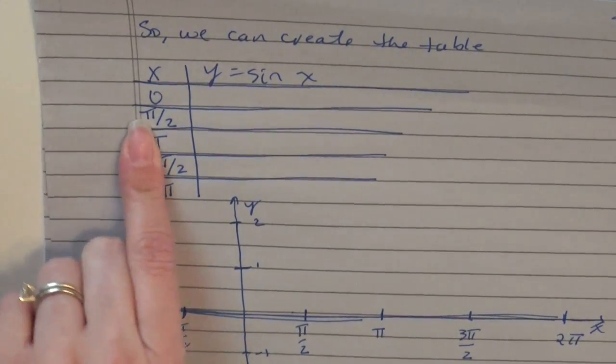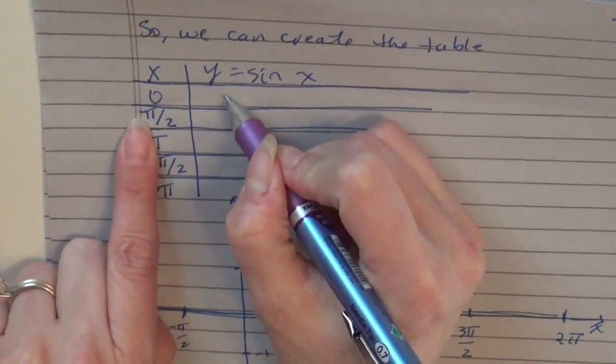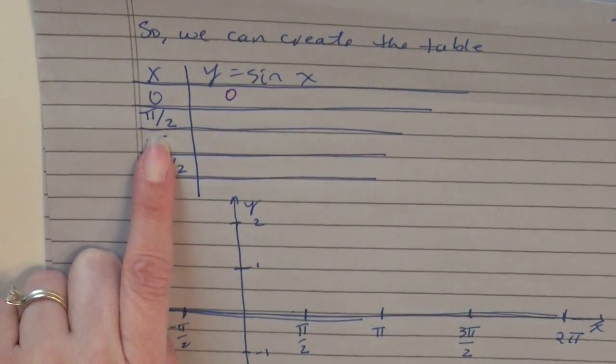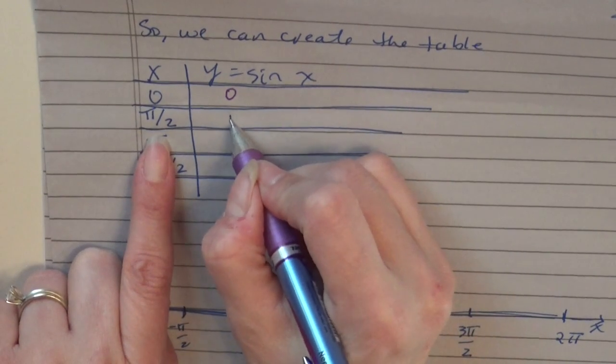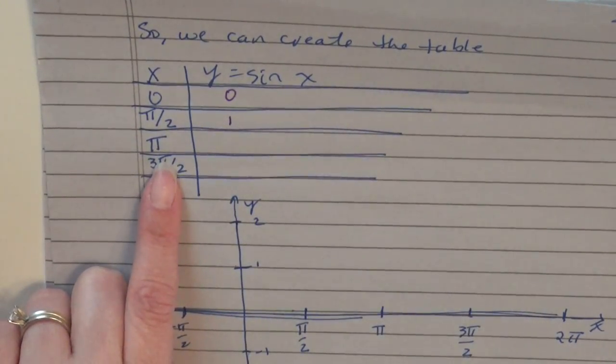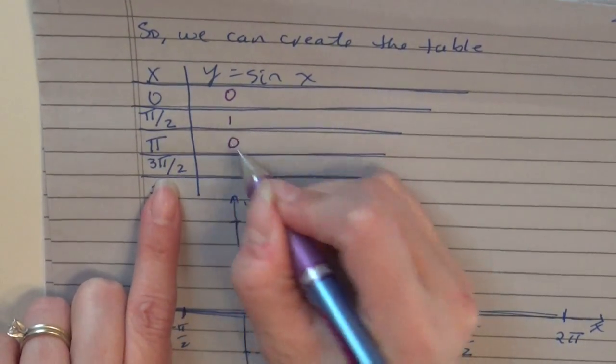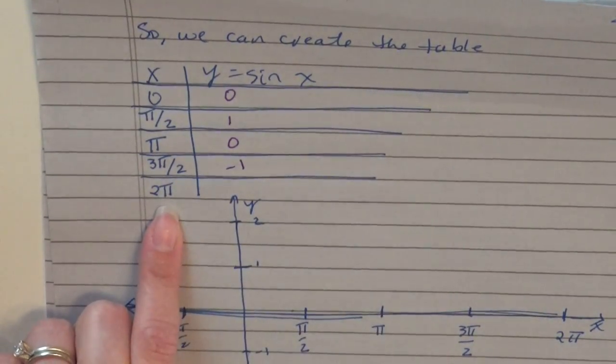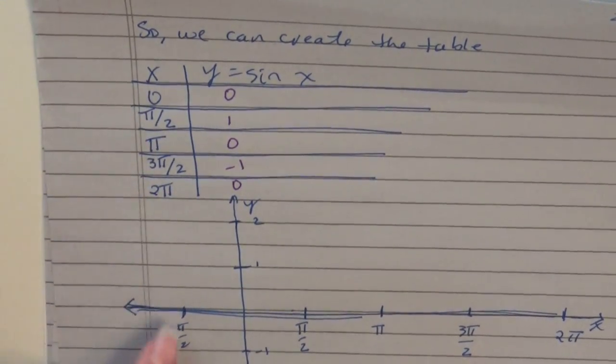As I saw, when x was 0, y was also 0. When x was pi over 2, we calculated sine of pi over 2 to be 1. Sine of pi was equal to 0. Sine of 3 pi over 2 was negative 1. Sine of 2 pi was 0. So let's plot these ordered pairs.